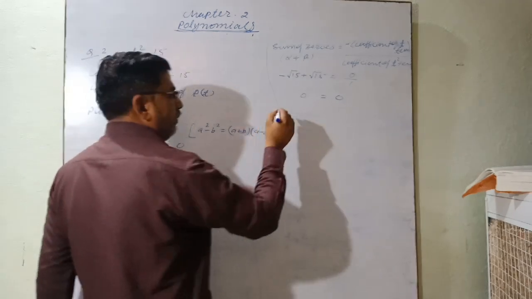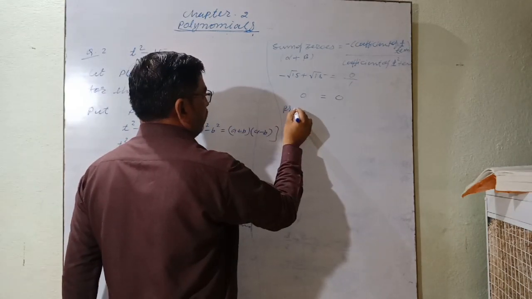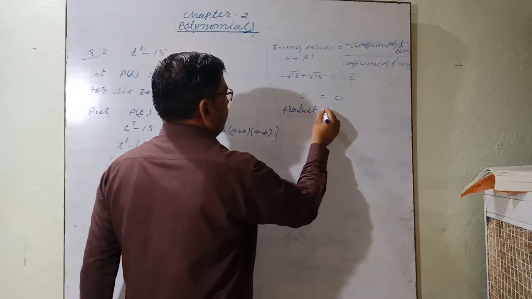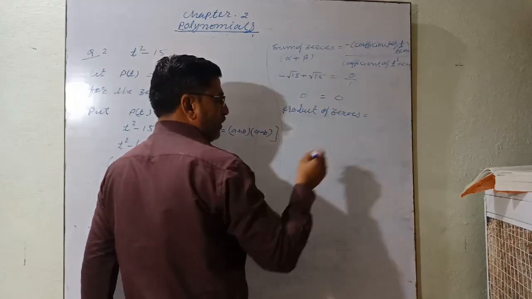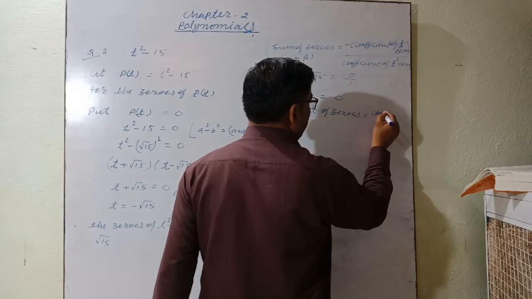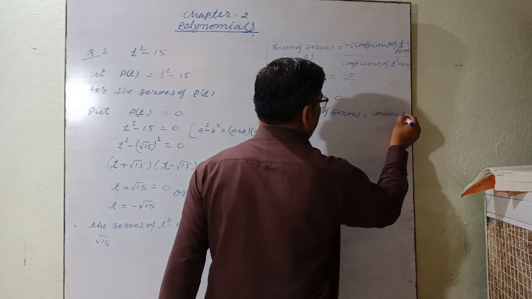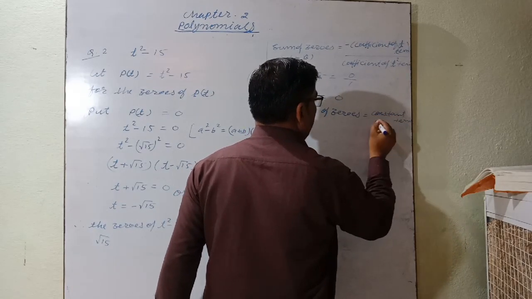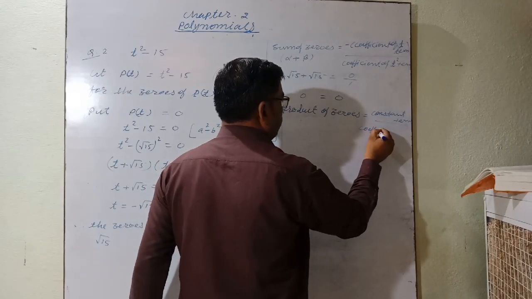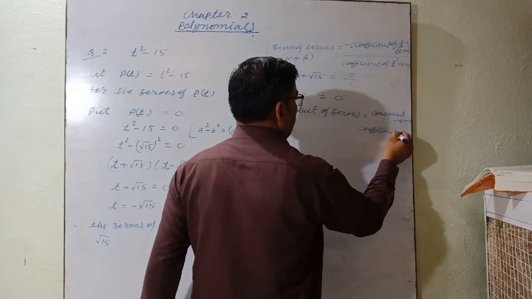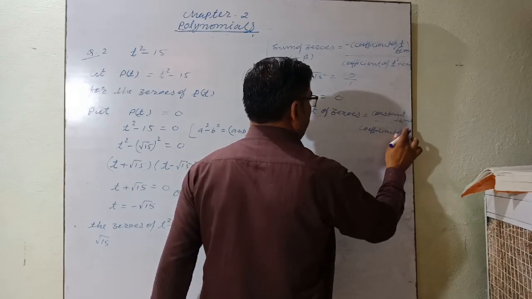And product of zeros equal to constant term divided by coefficient of t square term.